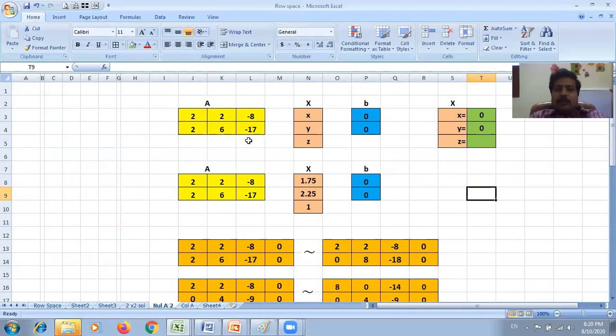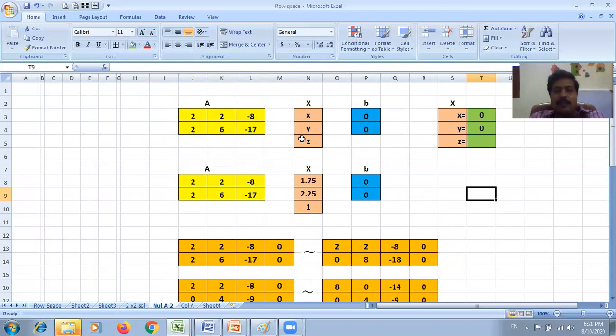So there will be 3 unknowns. The z is also there. Now we need to find these x, y, z so that their multiplication is 0. That is the problem. So we need to find such x, y, z which will be in our null space.